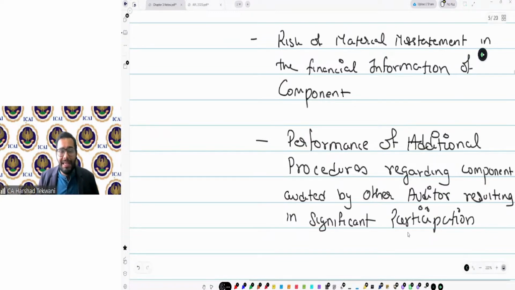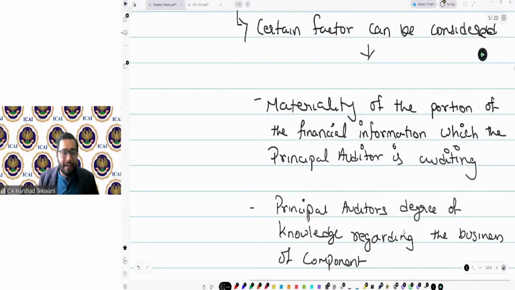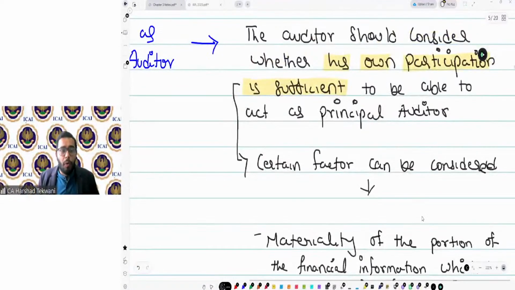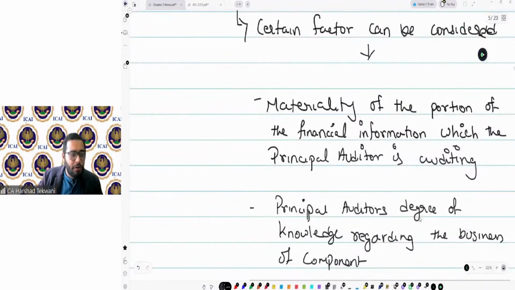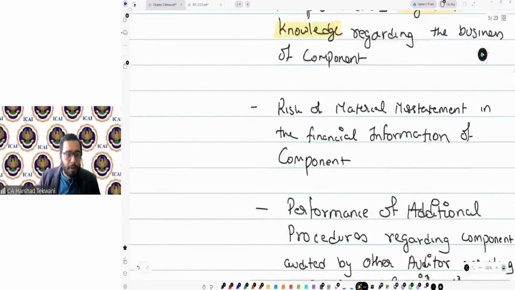Now we will understand which are these additional procedures. But all these are the factors required to be considered in order to identify whether the participation of the principal auditor on his own is sufficient. The case which we saw was with respect to materiality of the portion audited by the principal auditor. Then the degree of knowledge, then the risk of material misstatement, and performance of additional procedures.